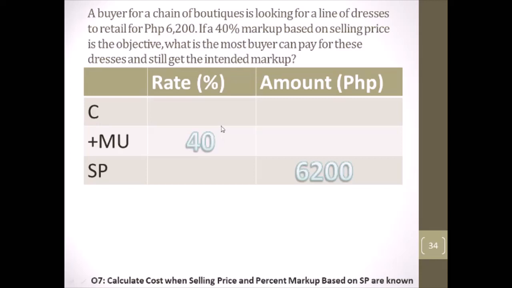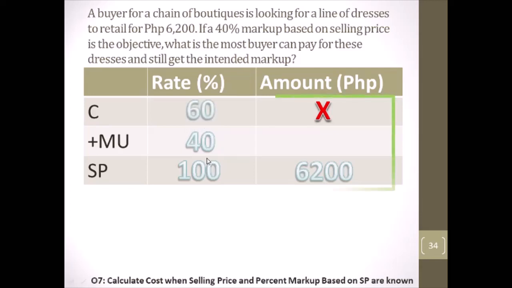Since it is based on the selling price, 100% is on this one. What is the most the buyer can pay for these dresses and still get the intended markup? So we are looking for the cost of an item. So let's have X here. Again, just like the previous item, what should be added to 40 to get 100? And that is 60.